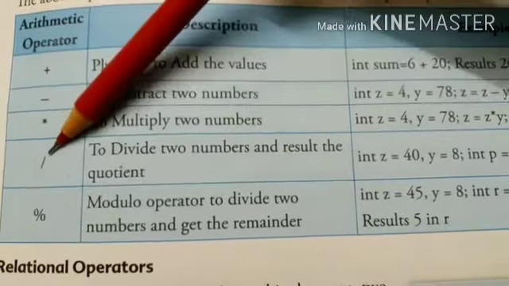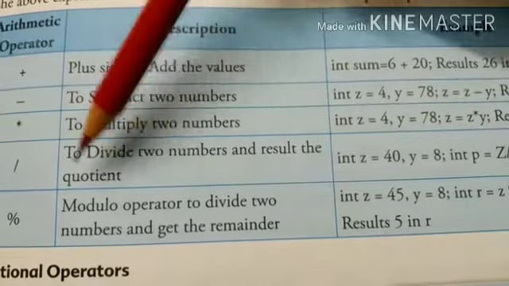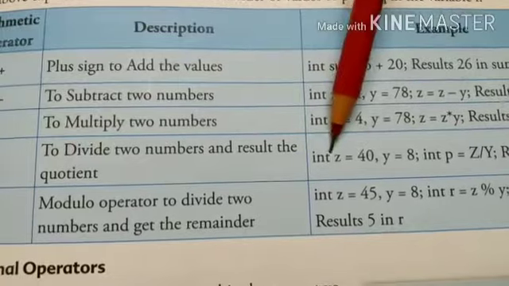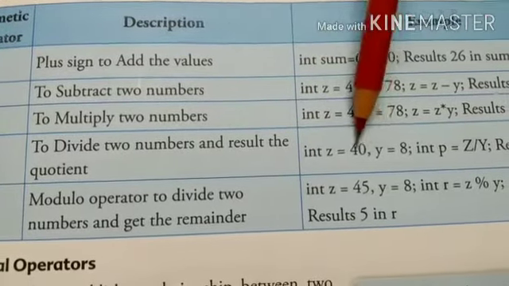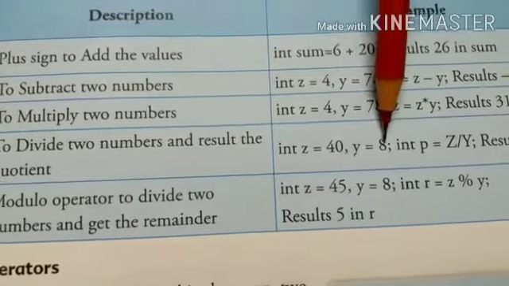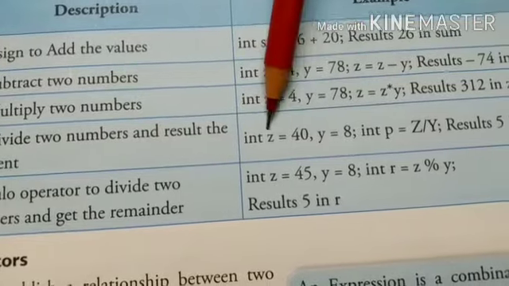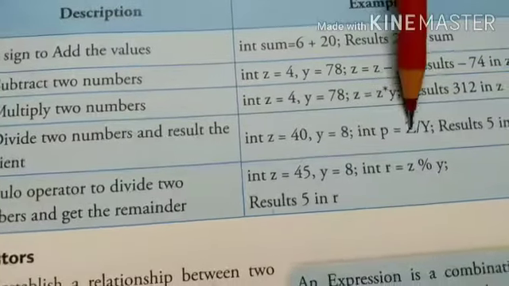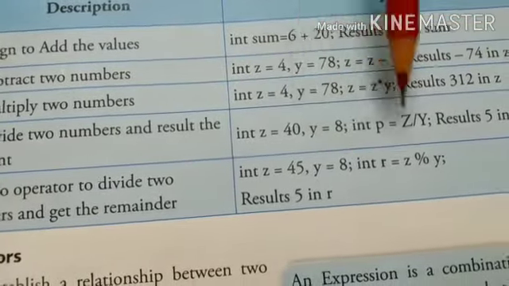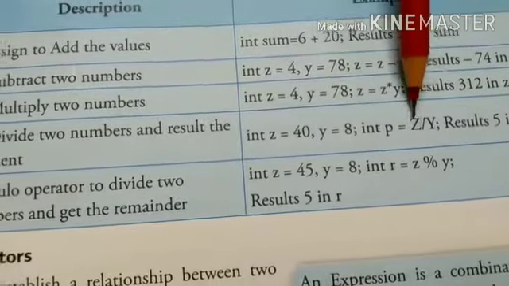Now the next one is divide. It is used to divide two numbers when we require the quotient. Here it is int z is equal to 40 and y is equal to 8. Now if we divide z and y, here we need to write in small letter only because we had initialized z is equal to 40 and this is the small z, so here we also have to use it small.